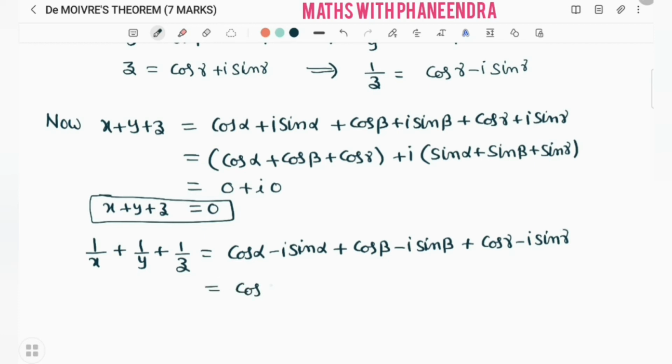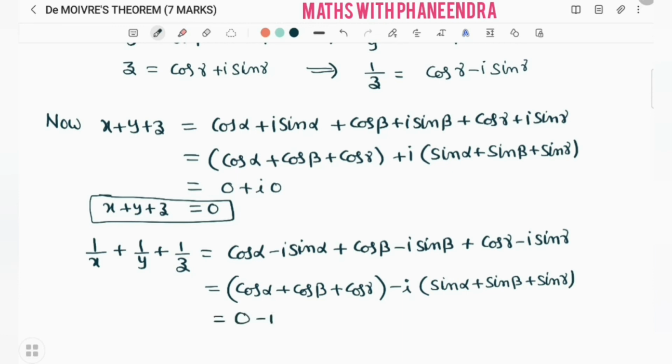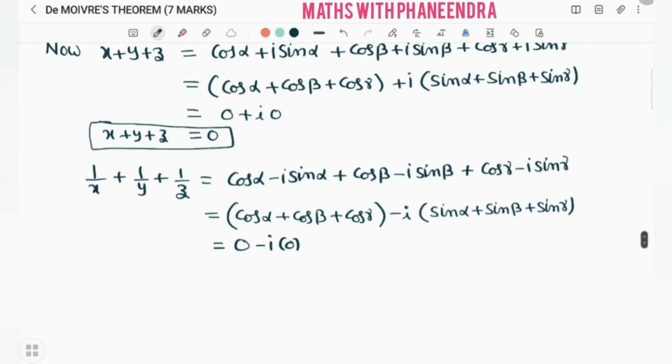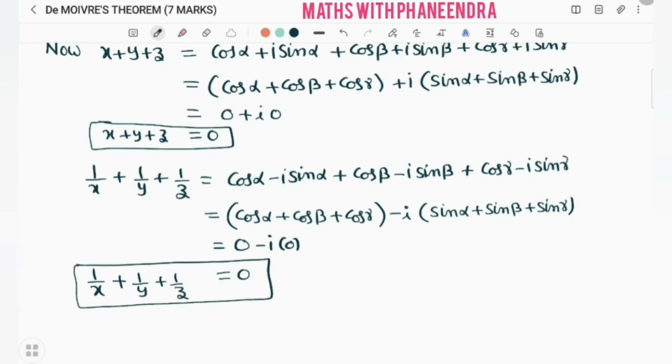So cos alpha plus cos beta plus cos gamma minus i into (sin alpha plus sin beta plus sin gamma). Anyway these values go to be 0 now. 0 minus i into 0. So ultimately 0. So 1 by x plus 1 by y plus 1 by z is equal to 0. So we got this information.